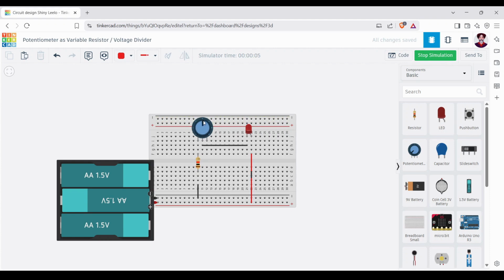If I bring this to the end, it has stopped glowing. So that means the resistance has increased. The resistance increases as I bring the wiper to the other side.